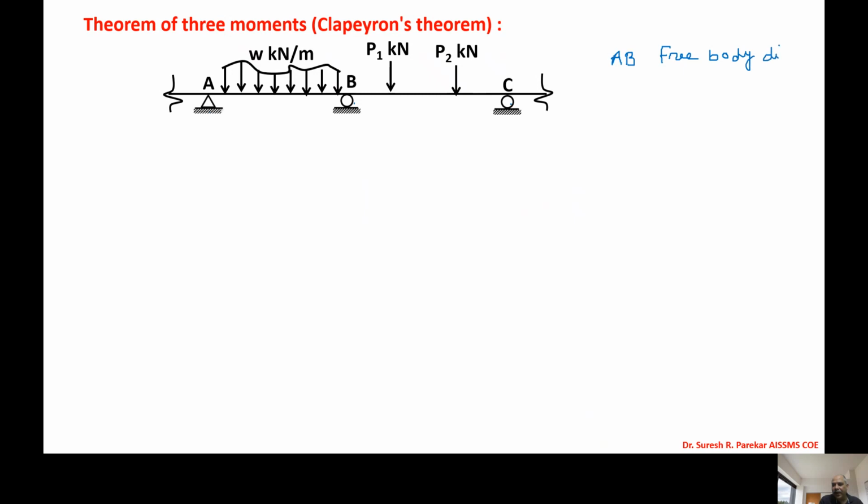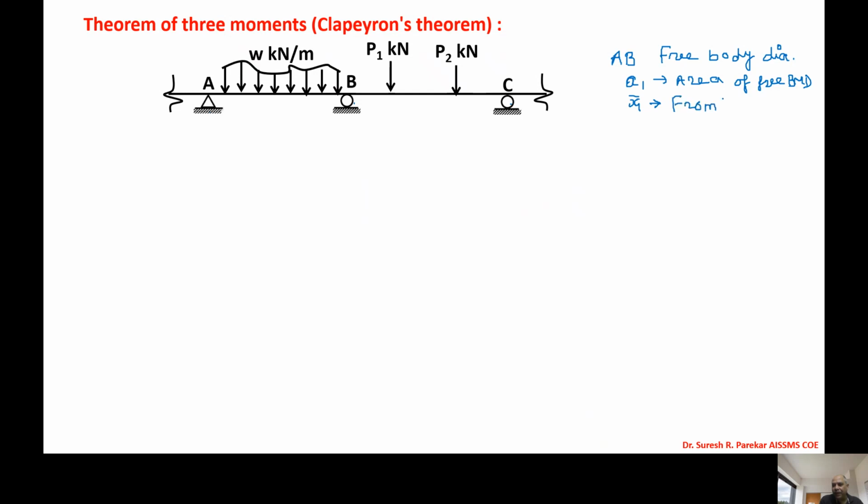Then we have to find the area of this free BMD, which we will denote by A. So A1 will be the area of the free BMD. Then we have to find X1 bar for this area, and that is from the left.